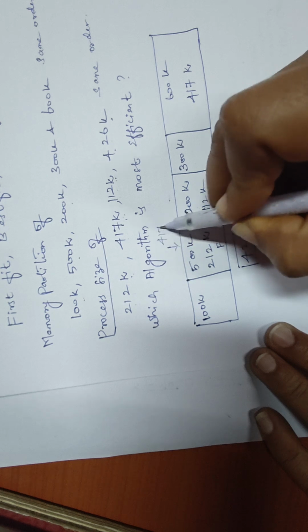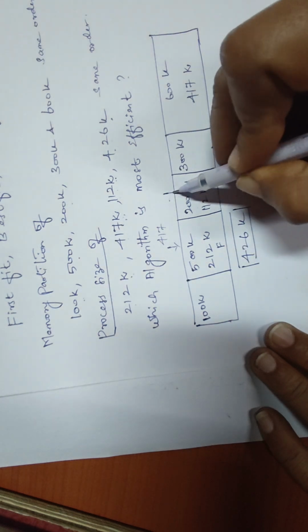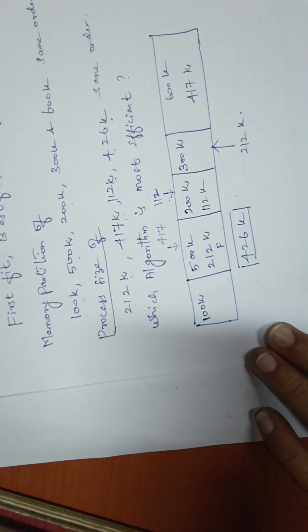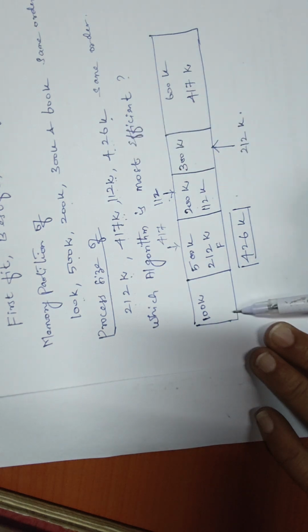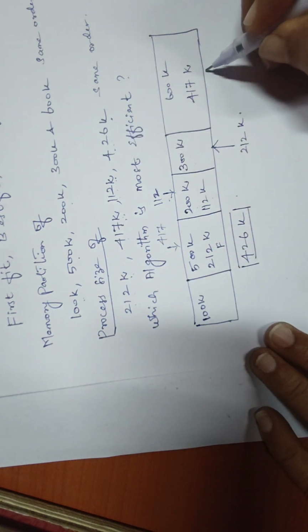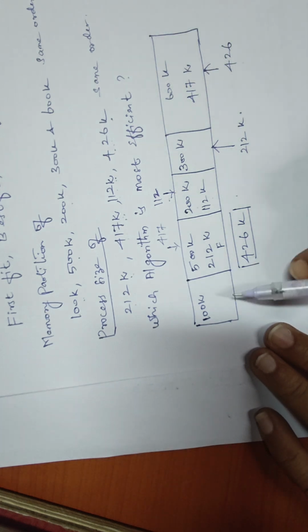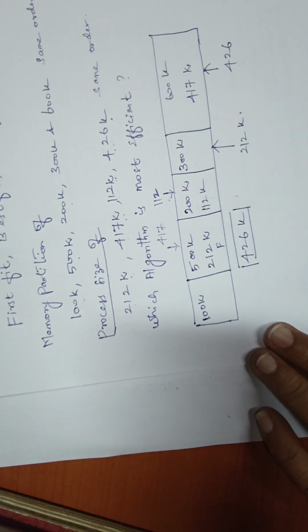So 417 fits into this in the case of best fit. 112 chooses the hole of 200, which is the best hole to fit it. Next, 426 can be fit into the hole of 600. So here all the processes get fitted into the available holes. It chooses the best size of the available memory.